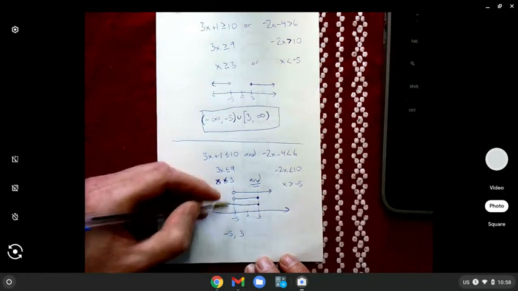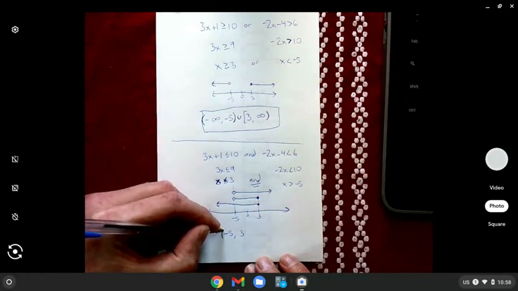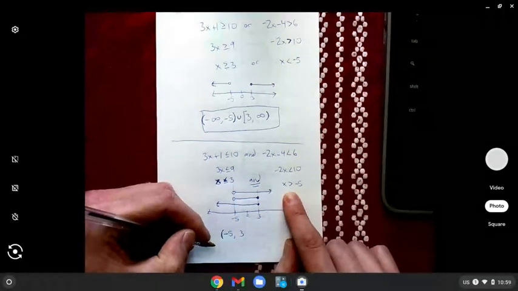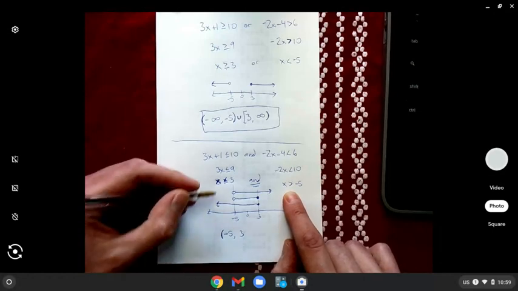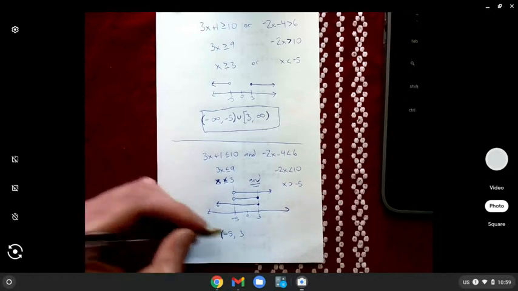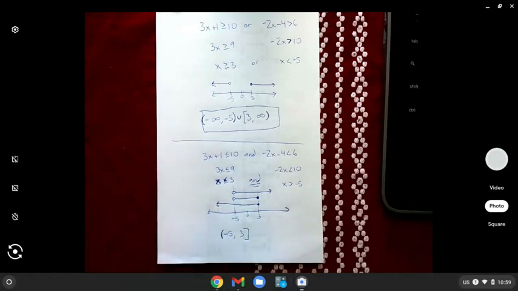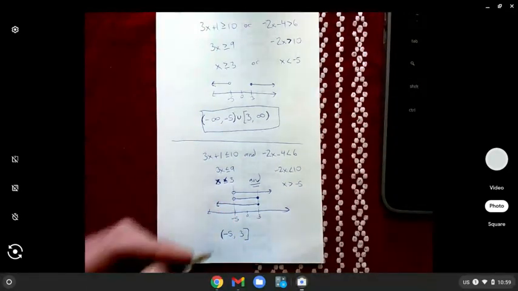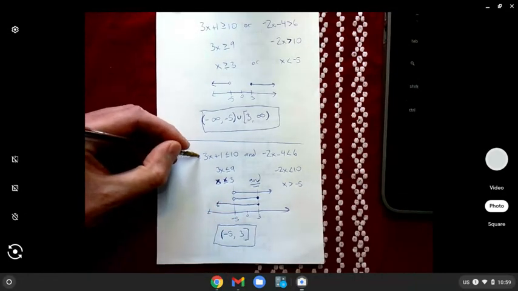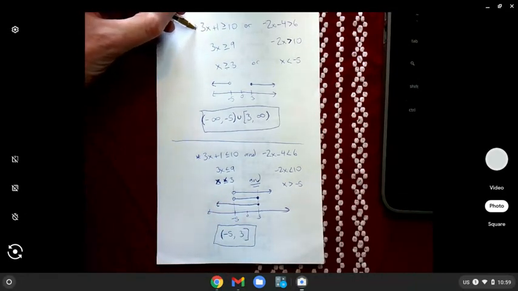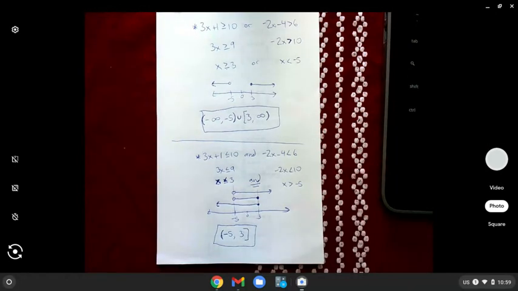I'm not going to include negative 5 because of the way my inequality was written. Just things strictly greater than negative 5 will work. I am going to include 3 because it could be less than or equal to 3. So this is how you would write the interval notation for this compound inequality right there. Hopefully that helps.